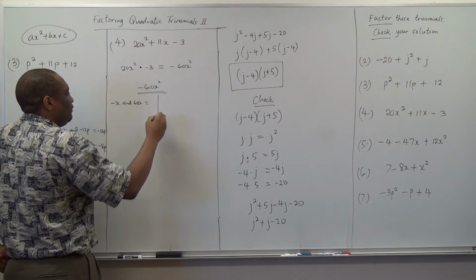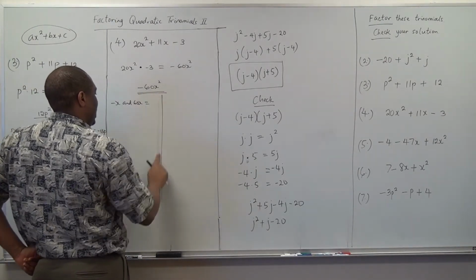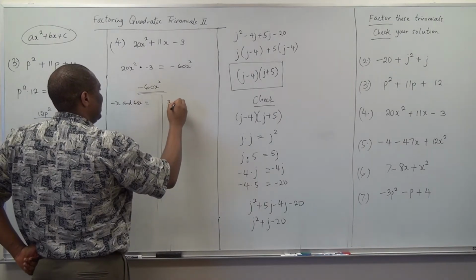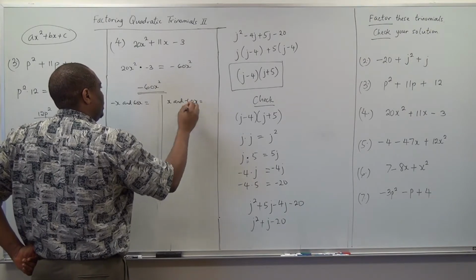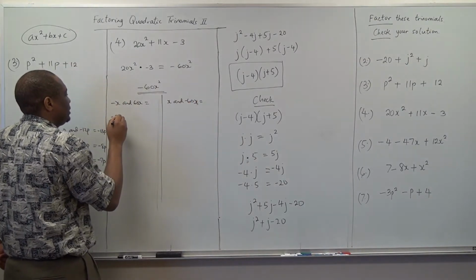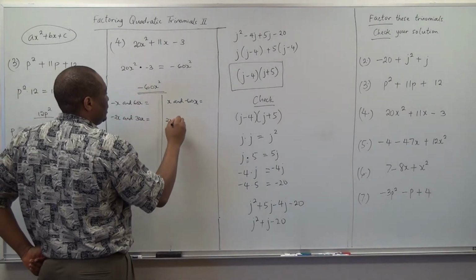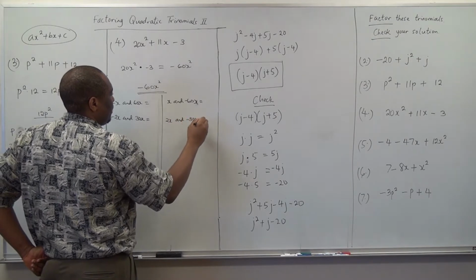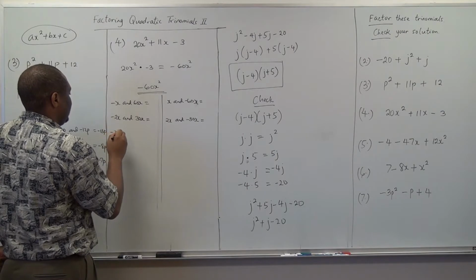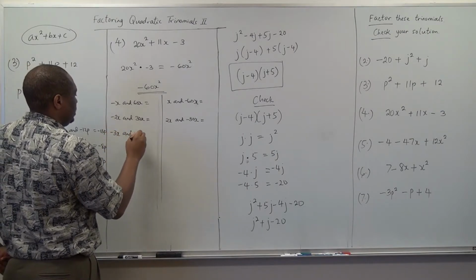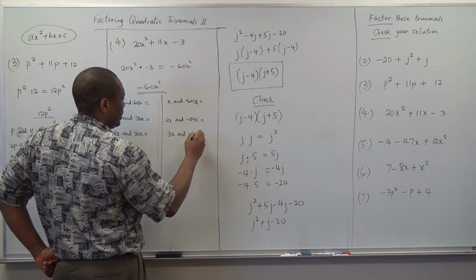And the next one will now be x and negative 60x. Okay. Then we have negative 2x and 30x, and the next one will be 2x and negative 30x. Then we also have negative 3x and 20x, then 3x and negative 20x.